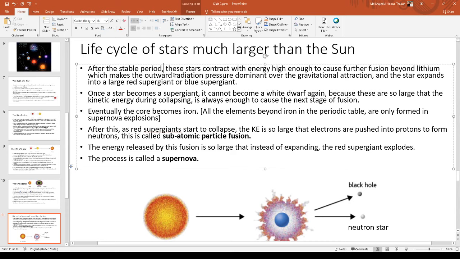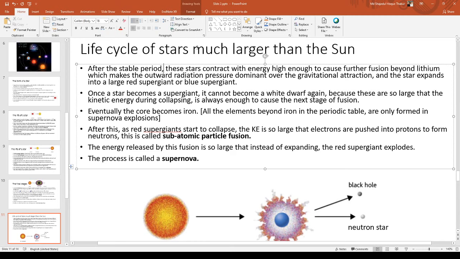Once the helium runs out, the red giant is going to contract, and then what happened in the average star? When the red giant contracted, we saw that the star collapsed into a white dwarf, going through a planetary nebula, and it eventually became a white dwarf.